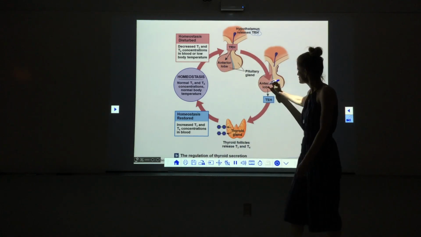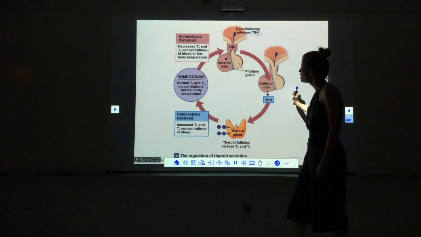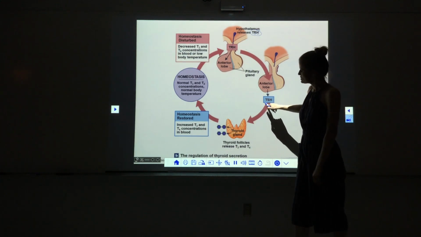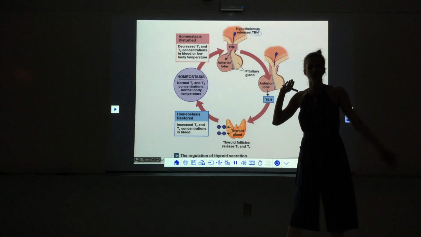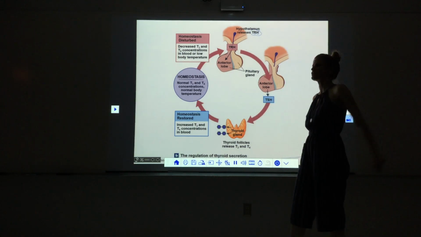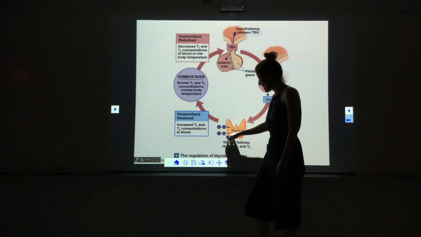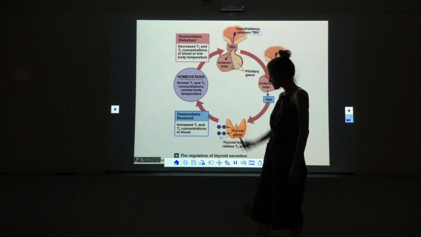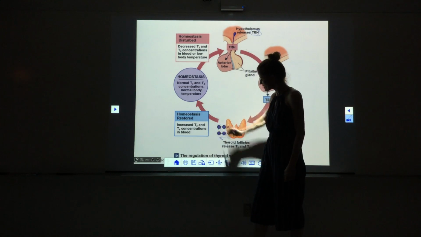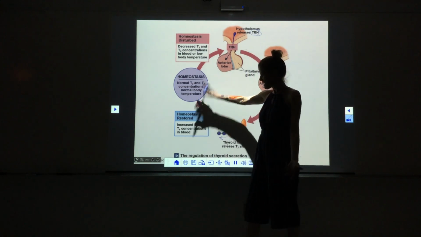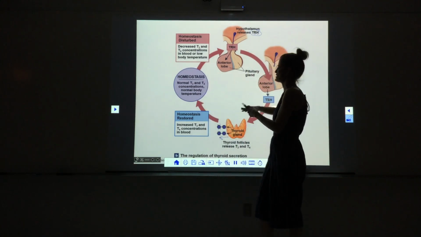TSH. Okay, so here's your anterior pituitary releasing TSH. TSH targets the thyroid gland, and remember it increases all of it: the uptake of iodine, production of thyroglobulin, production of thyroid hormones, release of thyroid hormones. So now we have T3 and T4 coming out, with iodine attached to them. And now we have enough T3 and T4 and we're back to homeostasis.